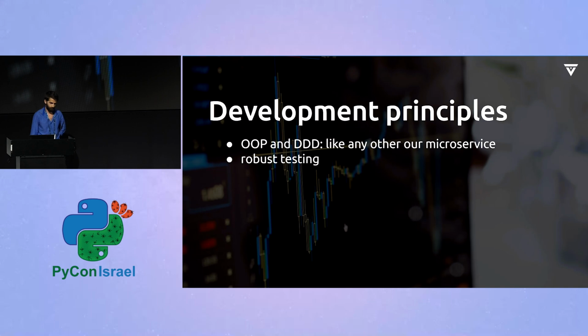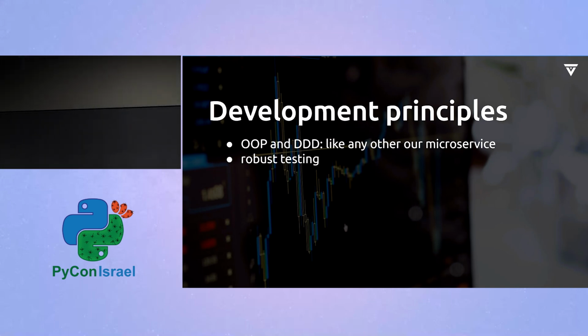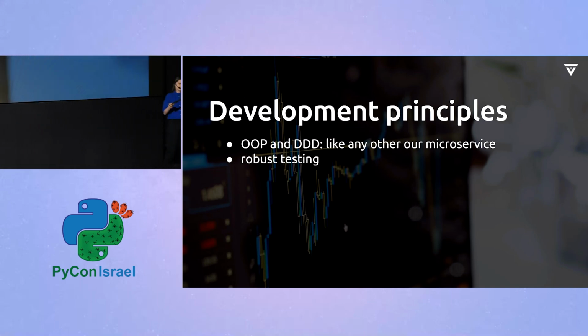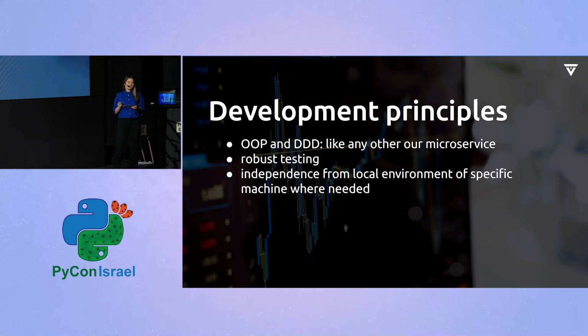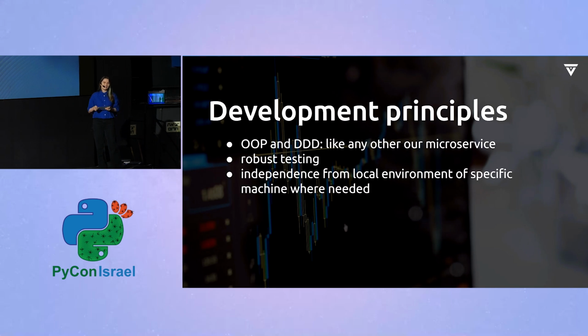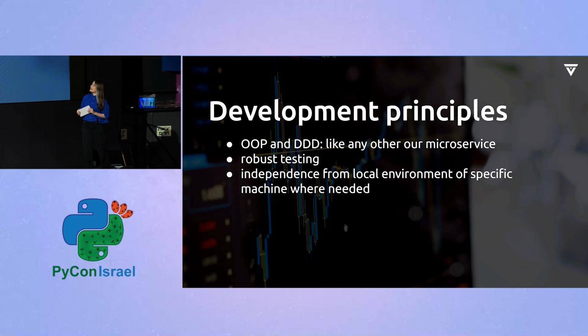We talked about maintainability, right? So the idea is when you open this tool, it wouldn't look like something alien. It should look familiar, like any other microservice, with the same structure and familiar patterns. We need to test it because it touches very sensitive areas of our developers' lives.